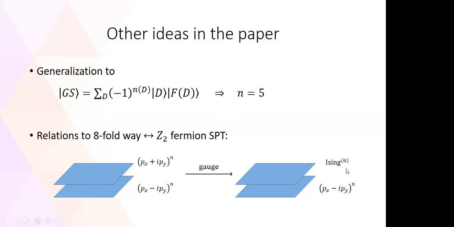So the model is obtained from the fermion symmetry protected phase, and in the paper, I didn't really read that part, they say you can also go back and ungauge it and get the model for the fermion SPT. So that's just a different way of thinking of this model: p minus ip and p plus ip, where the p plus ip is gauged.